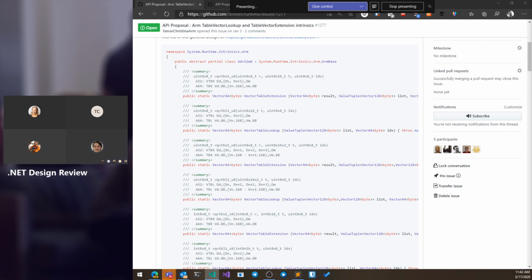Even if we can't make value tuple syntax work, I don't think that's the end of the world either, because these are not the APIs where, oh my god, if you can't use tuple syntax, then bad things will happen, right? It just seems like a nice thing. If we can get it, we should do it. If we can't, then so be it. And we should determine what downsides in the JIT there will be with value tuple having public fields.